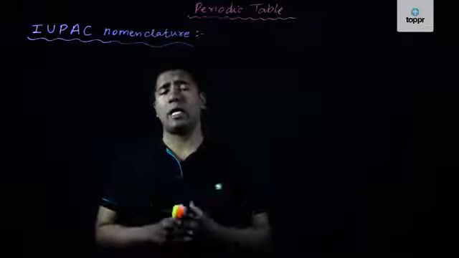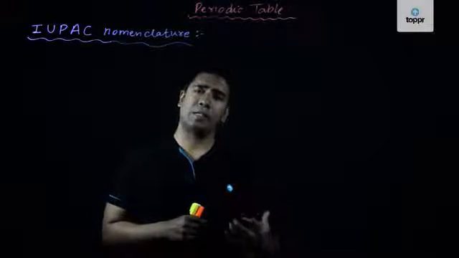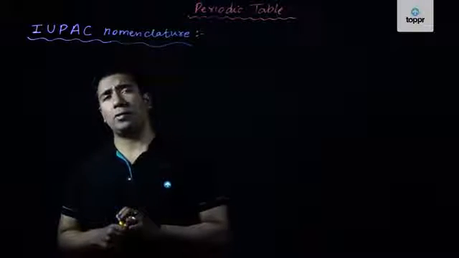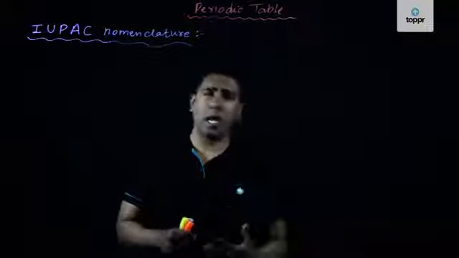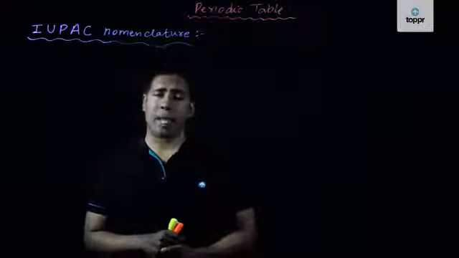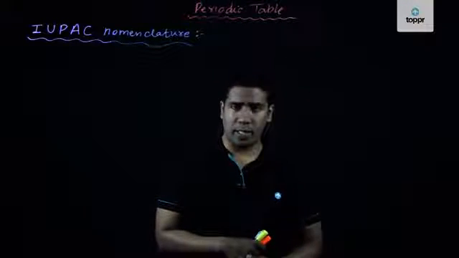So what IUPAC did to defuse that problem is that for the elements which are present above 100, IUPAC has ensured that IUPAC nomenclature is used for giving the names of those elements.